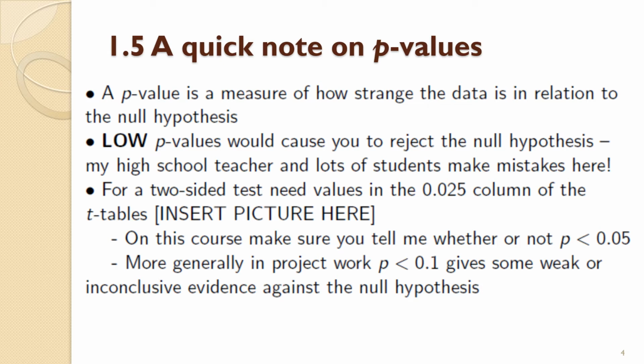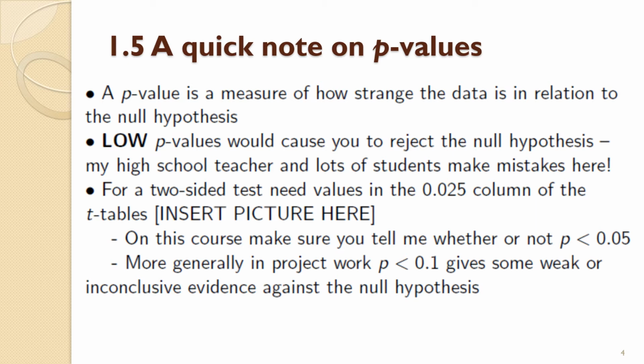I ought to say here that lots of students make mistakes here: it is low p-values that are significant and cause you to reject the null hypothesis. And for a two-sided test, you need values in the 0.025 column of the tables. I will go through the picture in the sessions.